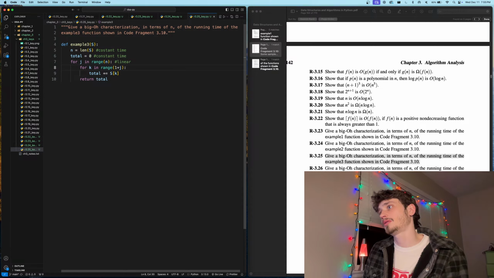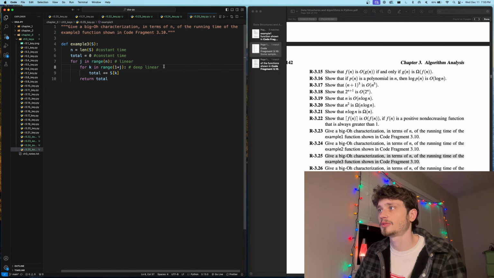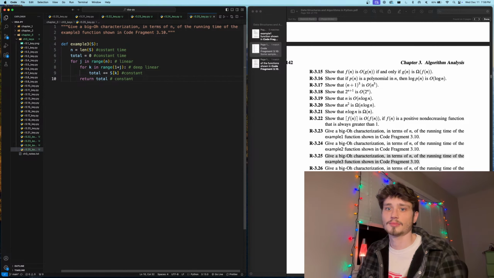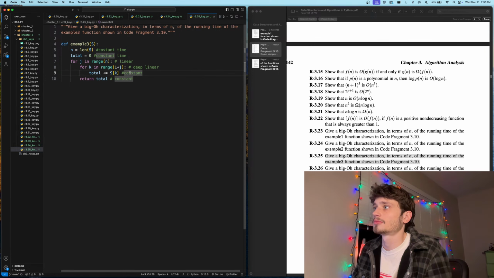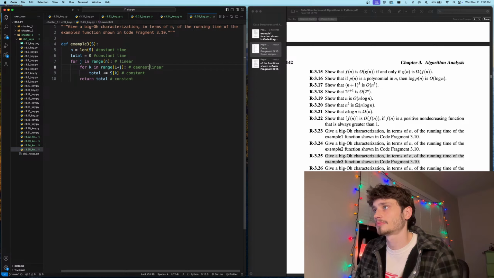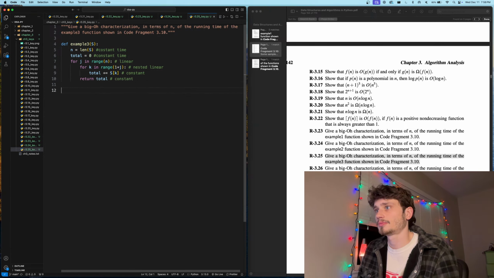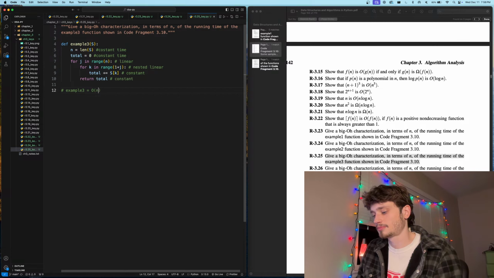So this is going to be linear, but deep linear. I don't know how else to really say it. This does an iteration over n, and then this is constant, and then this is constant. Okay, so nested linear, we'll say nested. So this function would overall be O of n squared.